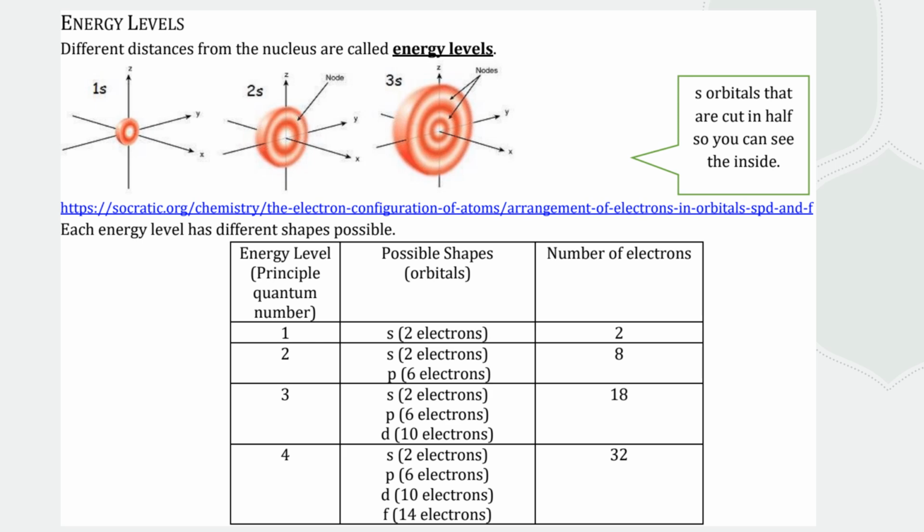In the d orbitals, you have up to 10. And in the f orbitals, you have up to 14. And on the side, it says the number of electrons on each. In s plus p, for example, you have 8 electrons for the principal quantum number 2. You can have up to 18 for the principal quantum number of 3, etc.